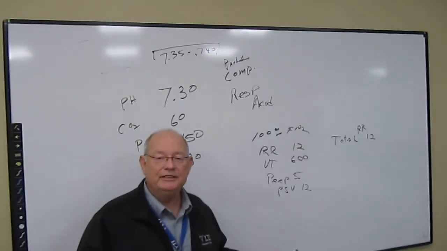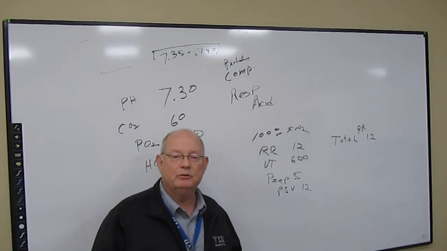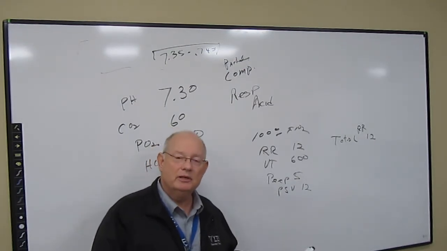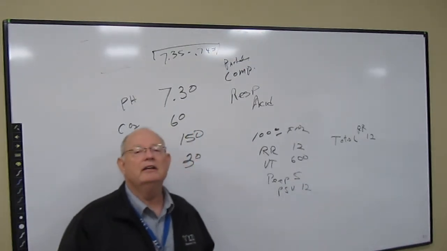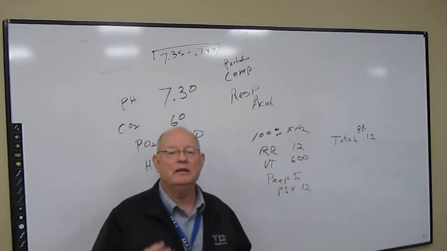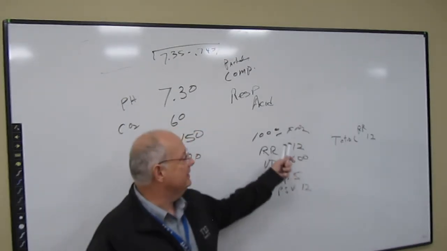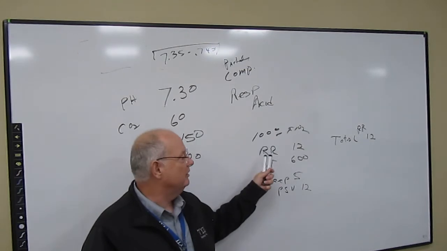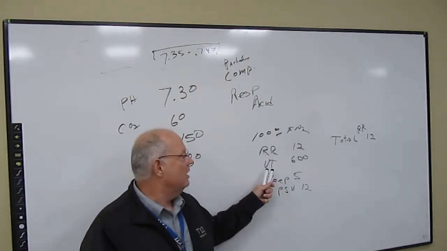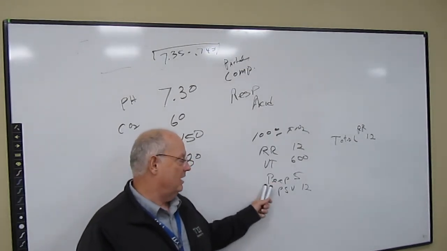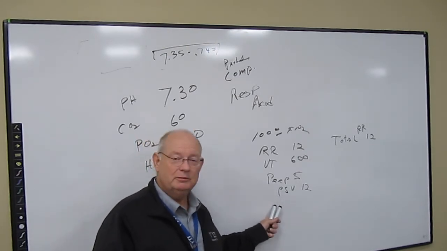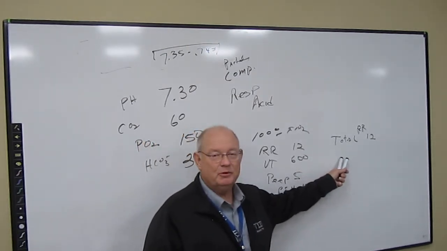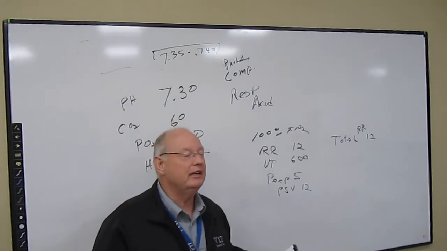So here we have a patient who's arrived from the emergency room to the ICU. We've put him on the ventilator. We've waited 15 to 30 minutes, and we've obtained a blood gas on these settings. FiO2 of 100, respiratory rate of 12, a tidal volume of 600, a PEEP of 5, and a pressure support of 12. His total respirations are 12, so he's totally sedated right now.